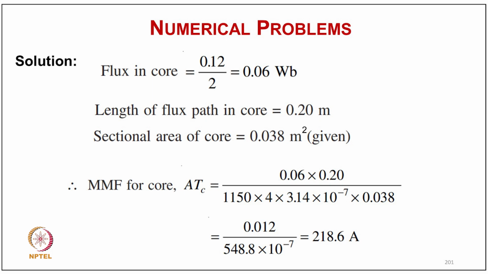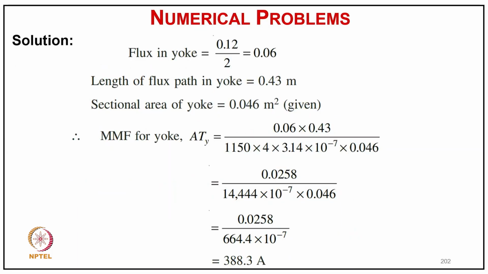Length of the flux path in core is 0.2 meter, sectional area is 0.038 meter square, and MMF for ATc, putting the values, comes to 8.6 ampere. Flux in yoke is Φ upon 2, that is 0.06 Weber, length of the flux path in yoke is 0.43 meter, and sectional area of yoke is 0.046 meter square. For the yoke, putting values, it comes to 388.3 ampere.